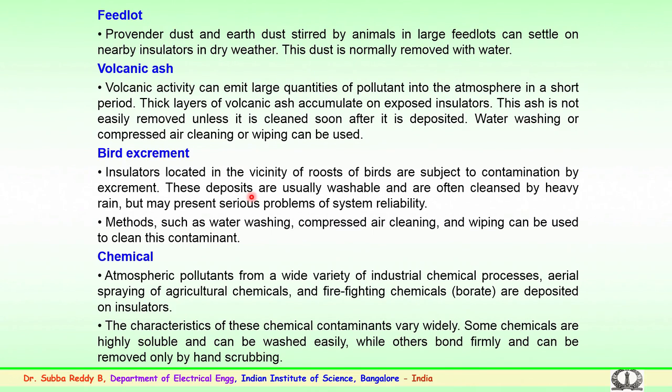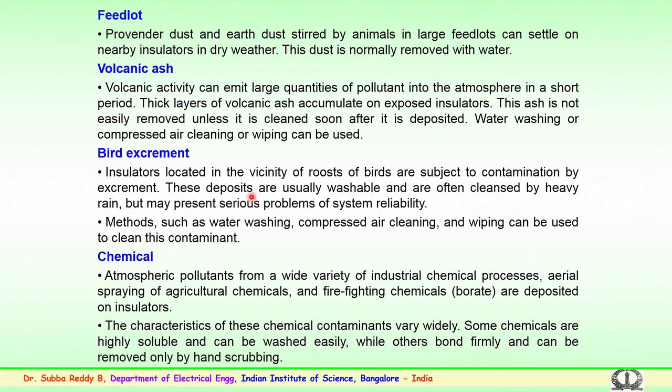The next is the bird excretion or excrement. This is again for insulators located in the vicinity of the roosts of birds, where large birds, particularly in countries like Australia and many places where birds take shelter on the transmission systems, are of serious concern and subject to contamination by the excrement.